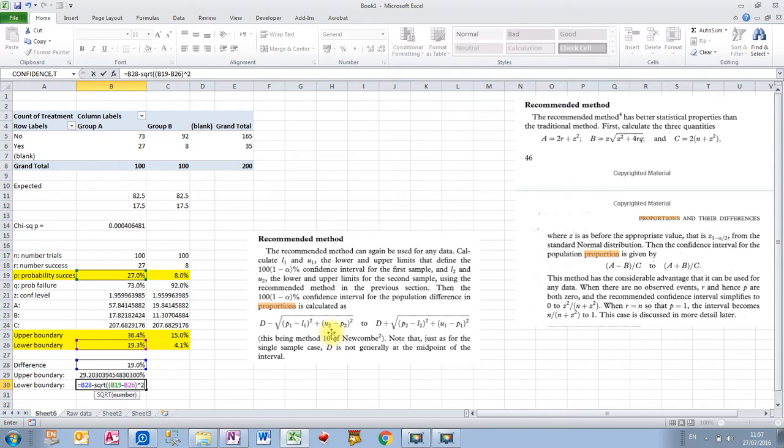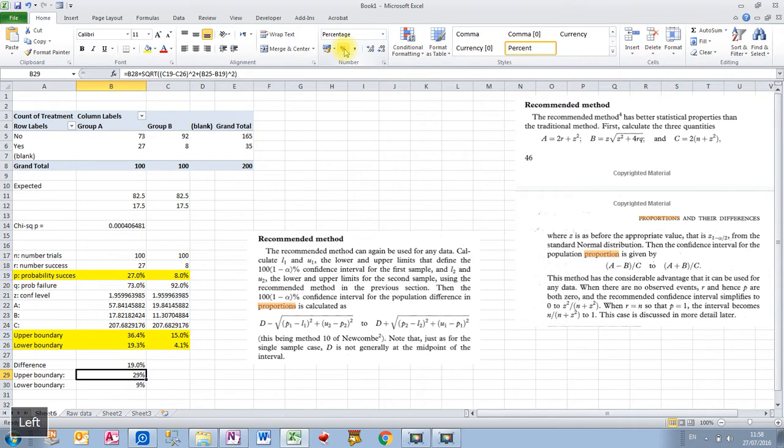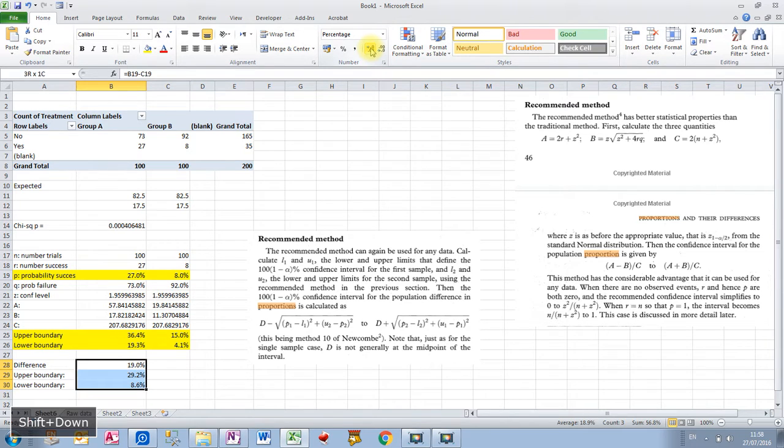Okay, plus U2 minus P2 squared. So open brackets again, and it's U2 minus P2. Close the brackets and square it, and close the outer brackets. Okay, so again I'm going to make this into a percentage, and I'll add some figures, and I'll highlight all of that.